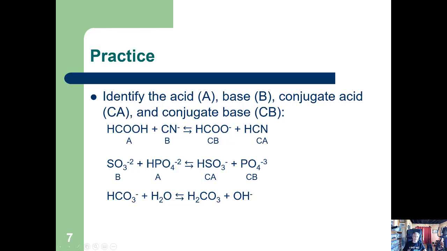So water is donating the proton to bicarbonate. So carbonic acid is the conjugate acid and hydroxide is the conjugate base. So don't be fooled. Just look who's donating the proton. That's the acid. Who is accepting the proton? That's going to be the base.